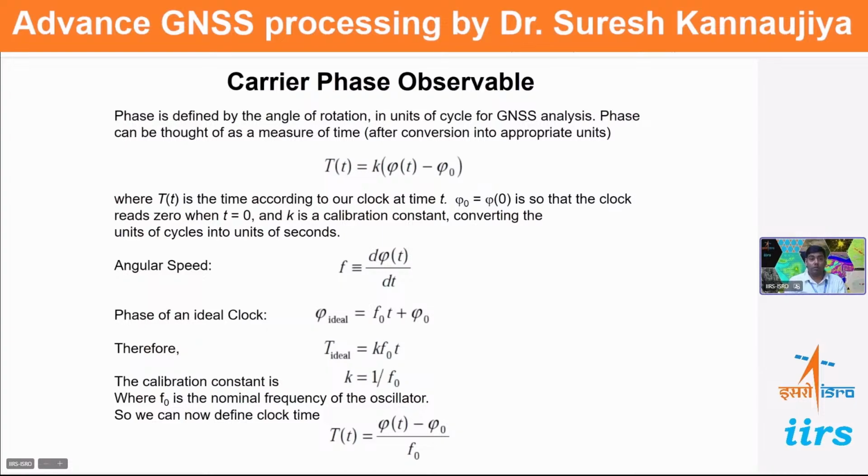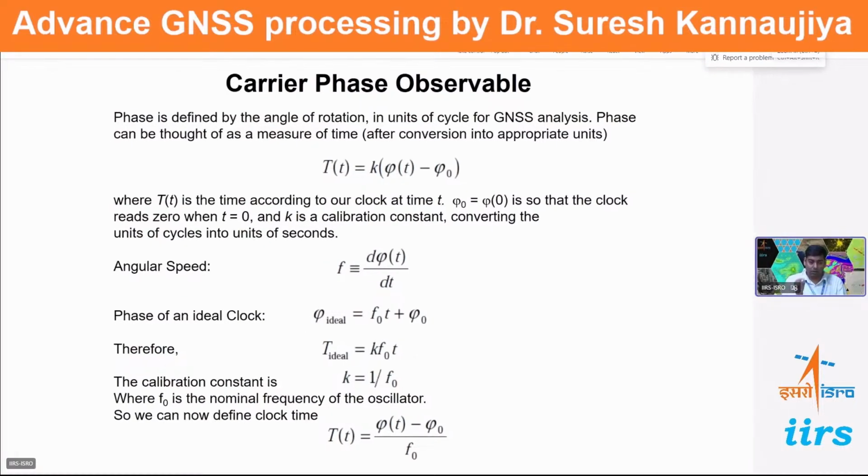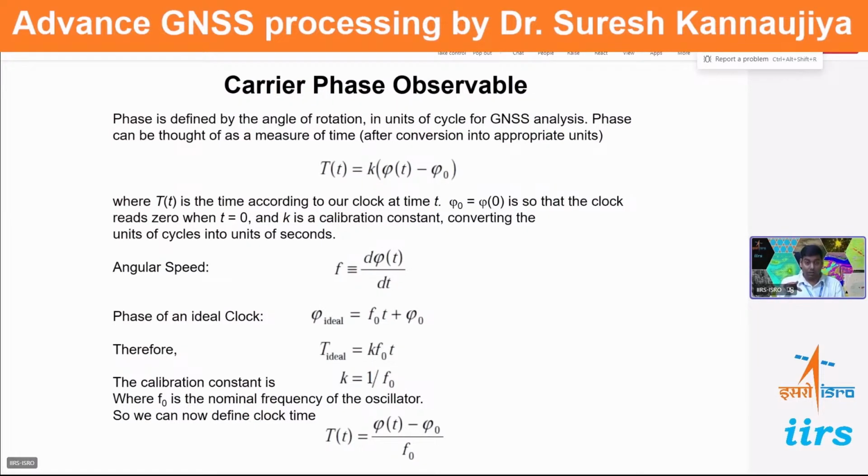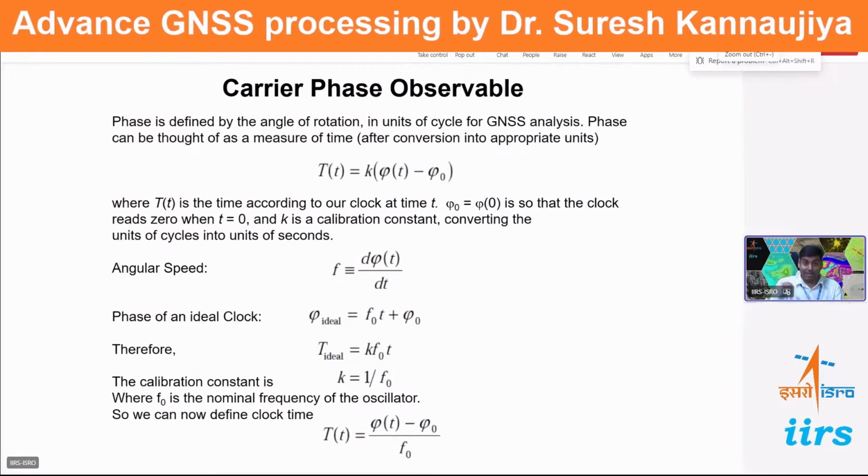So now, what is the carrier phase observable? Okay, we know that phase is nothing but the angle of rotation. If it is completing 360 degrees, it means one complete cycle, one complete wave, 2 pi.